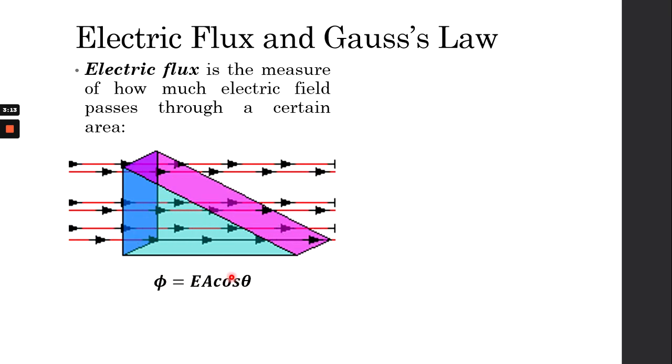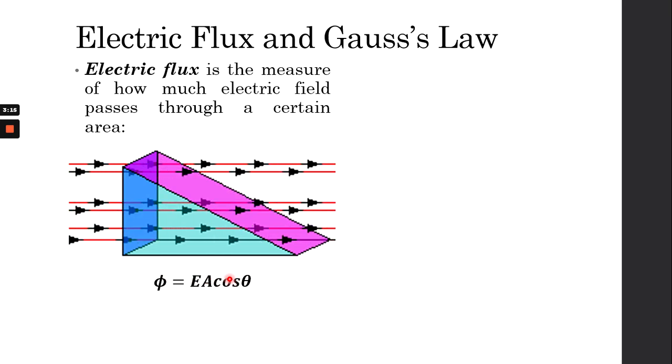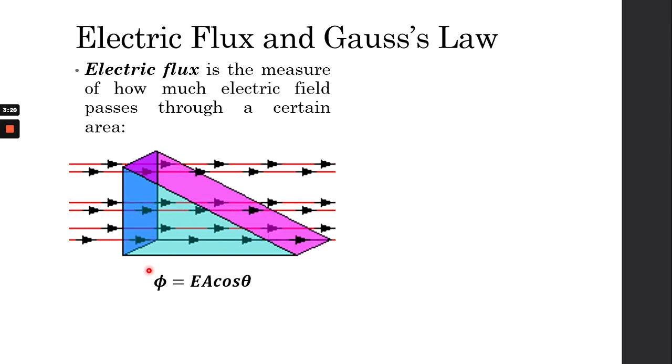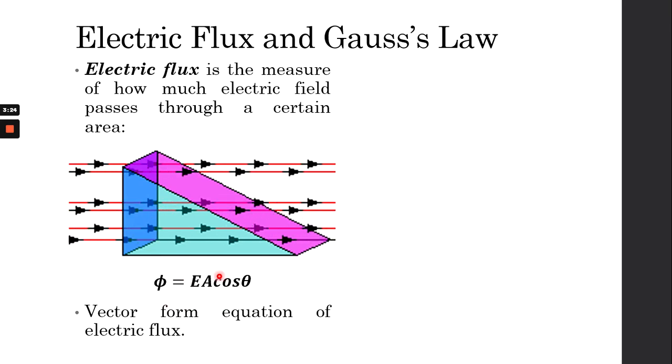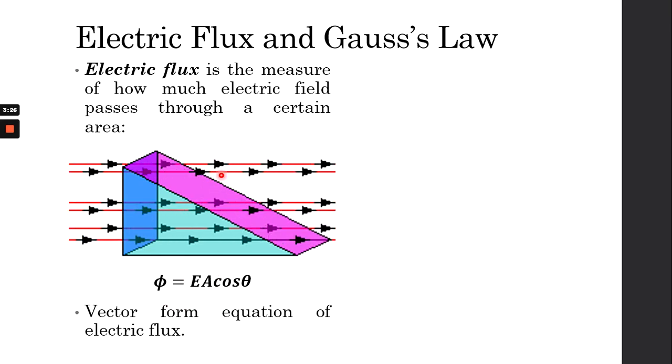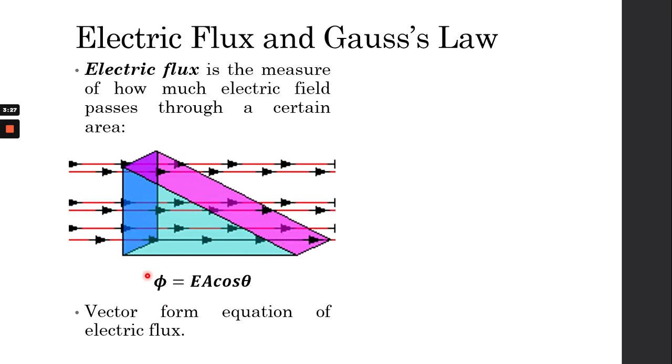We know this. But there's actually another equation that we can use in solving electric flux. This equation right here is what we call a vector form because we are using electric field and the vector area to solve for electric flux.